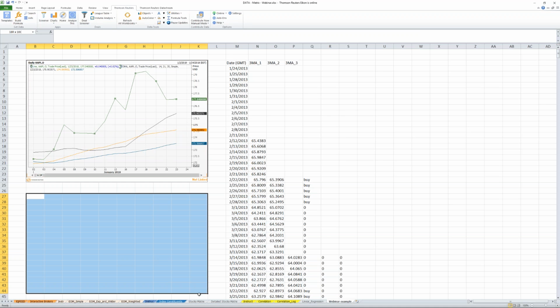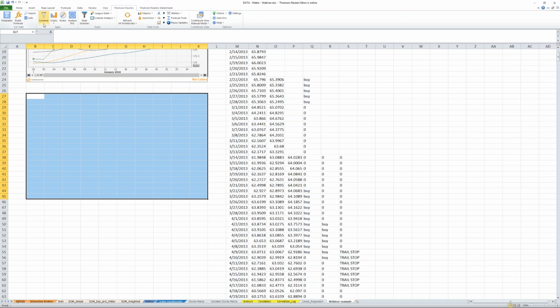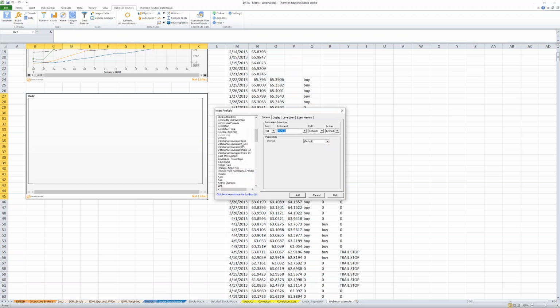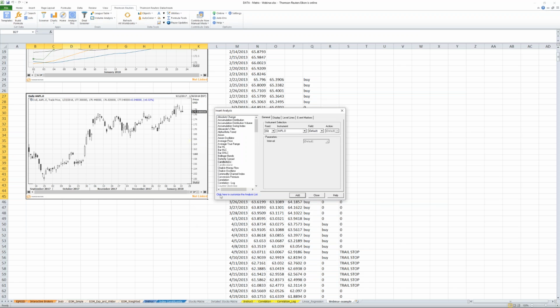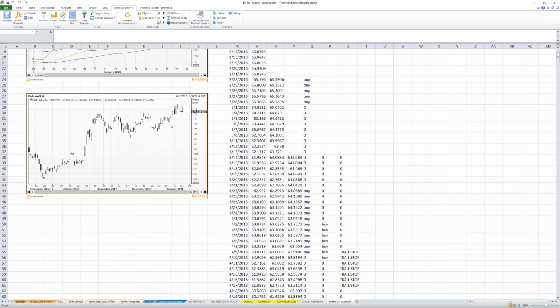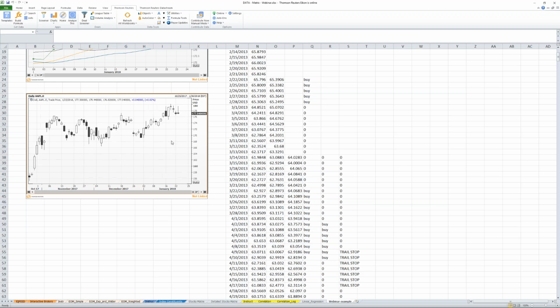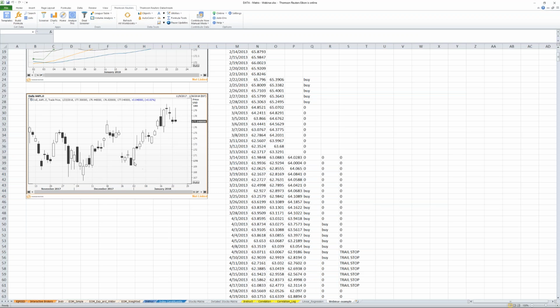Let me create another chart. Okay. Candlesticks, and then we can zoom in.